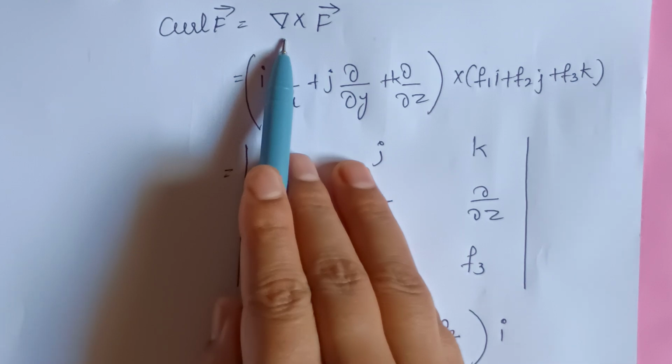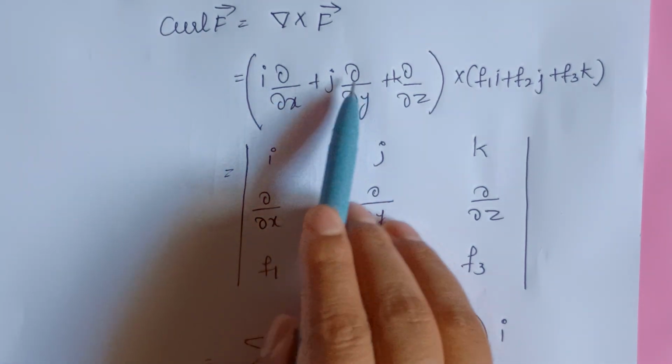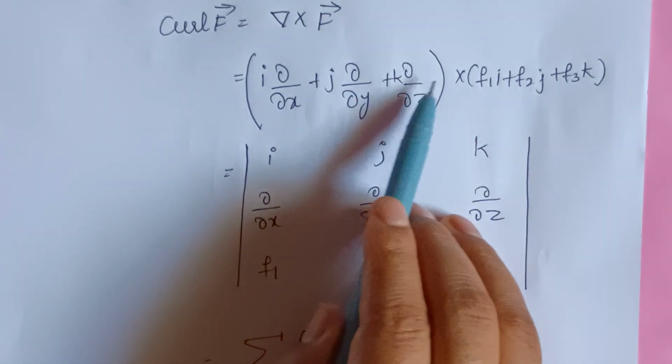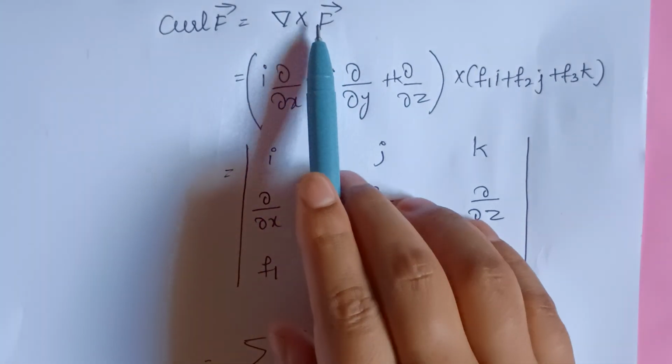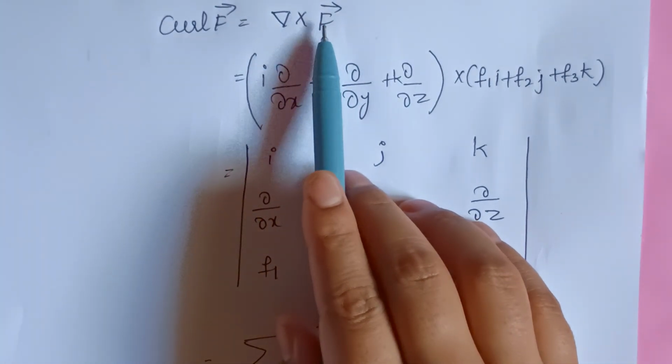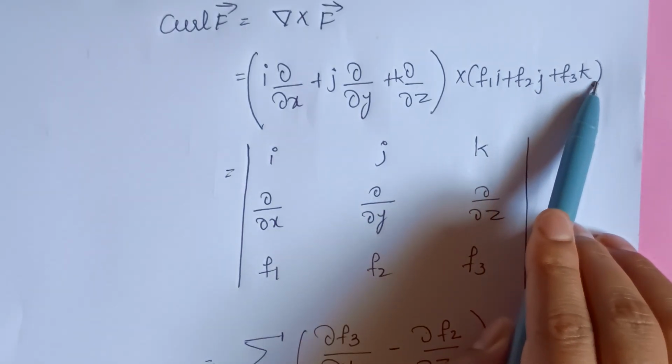Here del we can write as 𝐢 ∂/∂x + 𝐣 ∂/∂y + 𝐤 ∂/∂z, crossed with vector f, that is f₁𝐢 + f₂𝐣 + f₃𝐤.